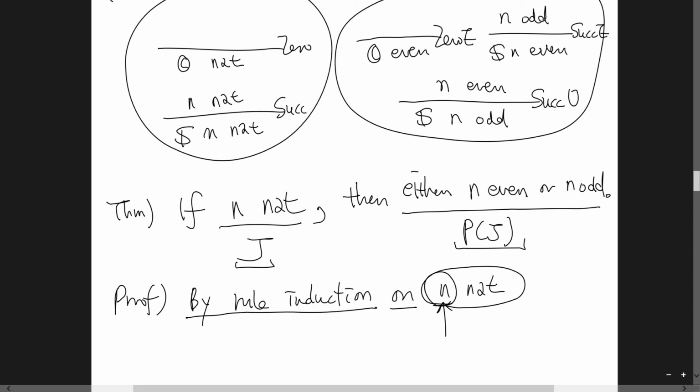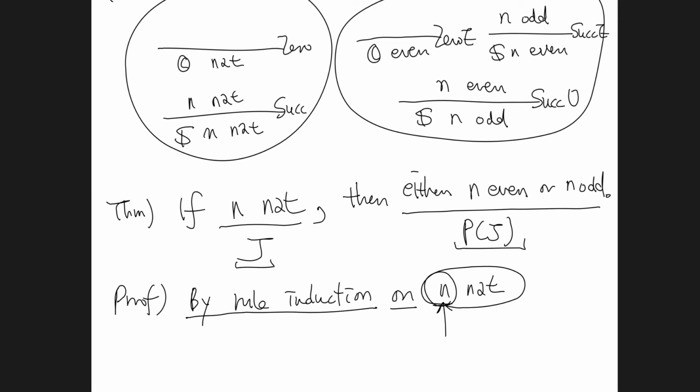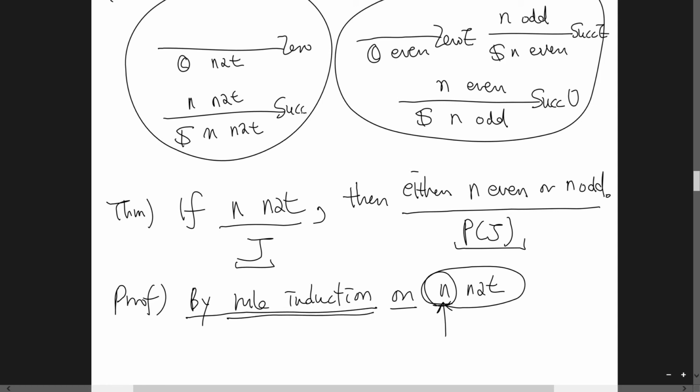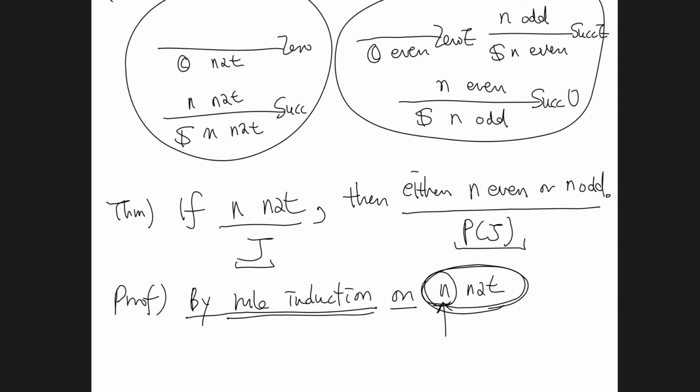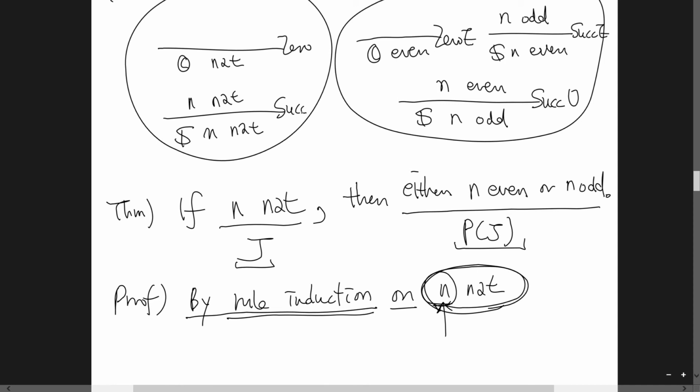That's the critical difference from structural induction that we learned earlier. In the case of rule induction, we are applying induction to this judgment. To be precise, we are applying the induction on the structure of the proof of this judgment.